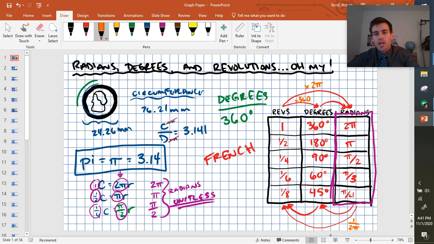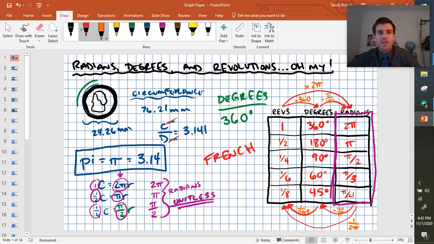If you're trying to go from degrees to revolutions, you would, of course, divide by 360. Finally, if you're trying to go from degrees to radians, this is probably the trickiest one that we have. This is where you would multiply by pi over 180. And then if you're trying to go from radians to degrees, you would multiply by 180 over pi.